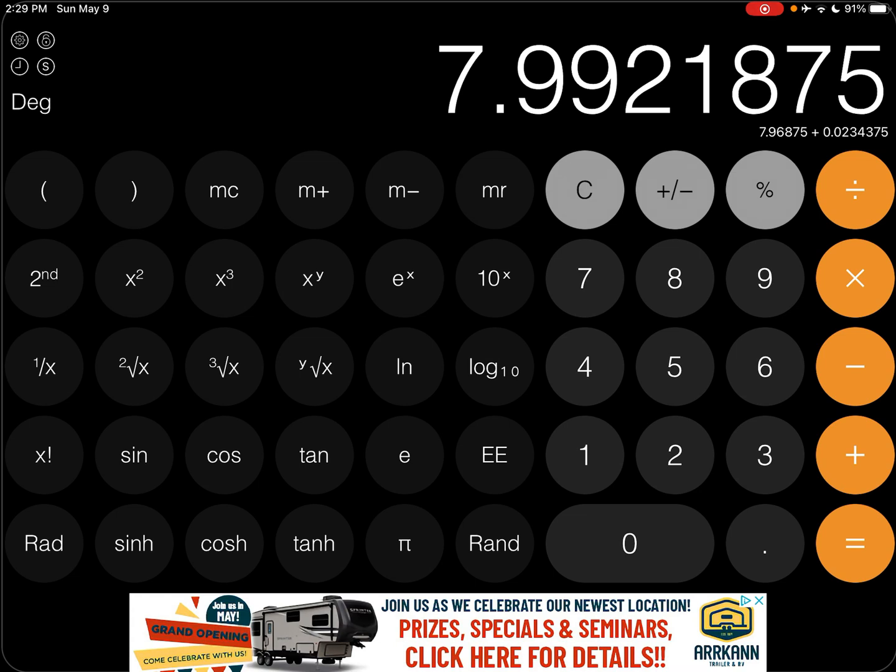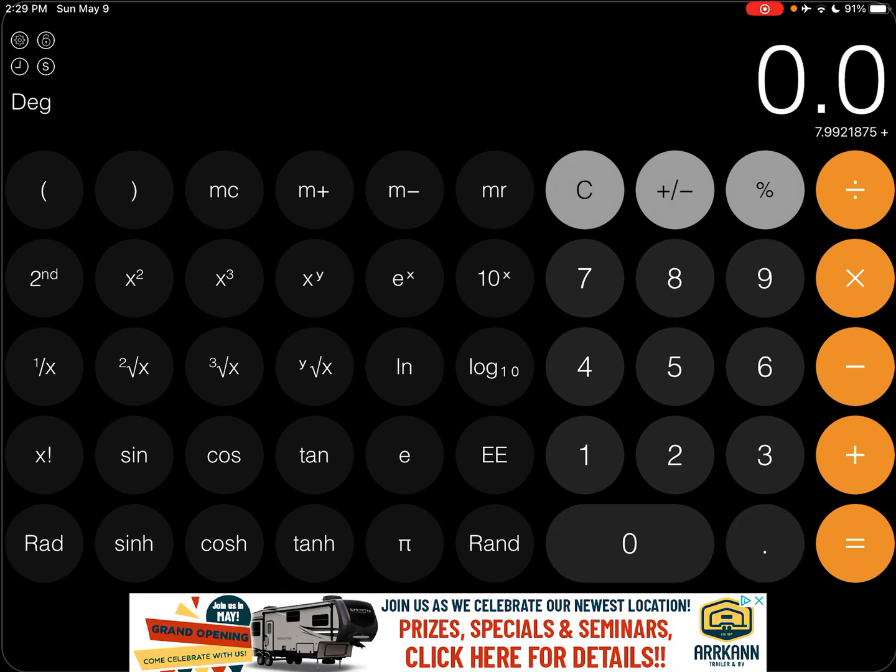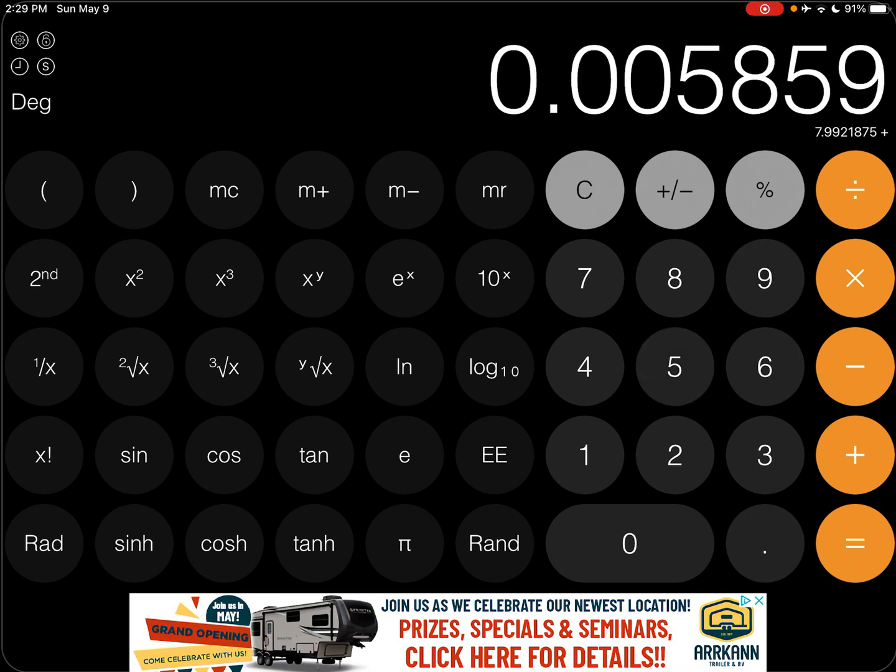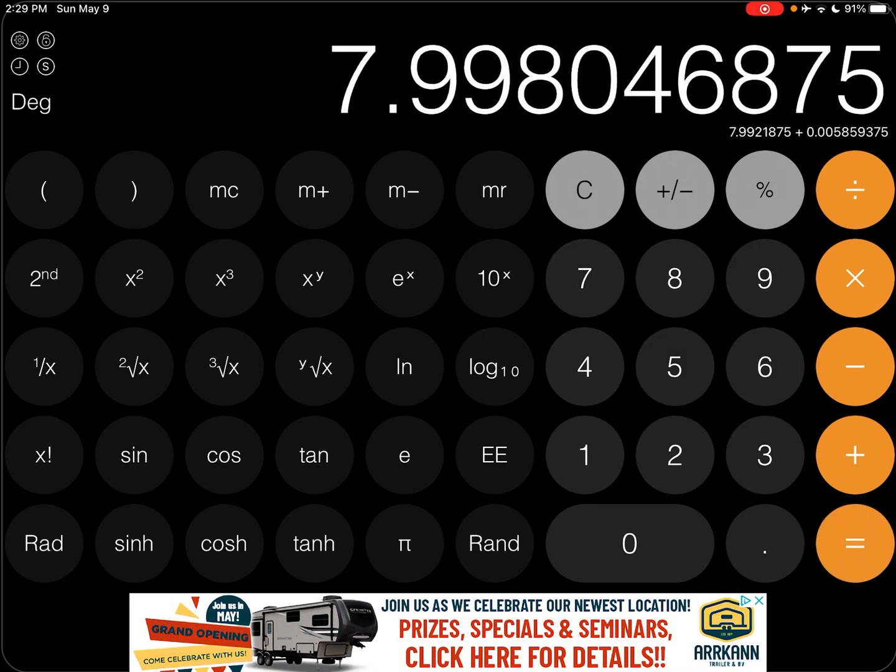And I'm going to add the very last term that we figured out, which is 0.005859375. I had the other ones written down, but I'm kind of going rogue here, you guys, unprepared. So that is 7.998046875.